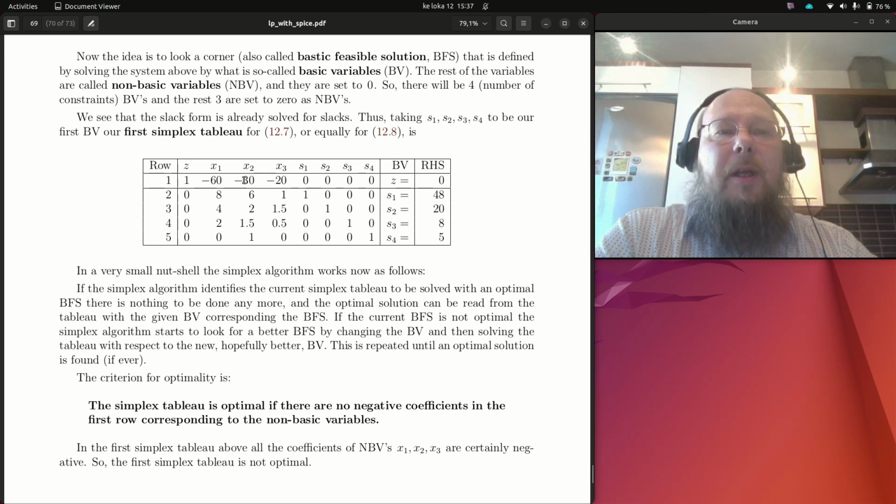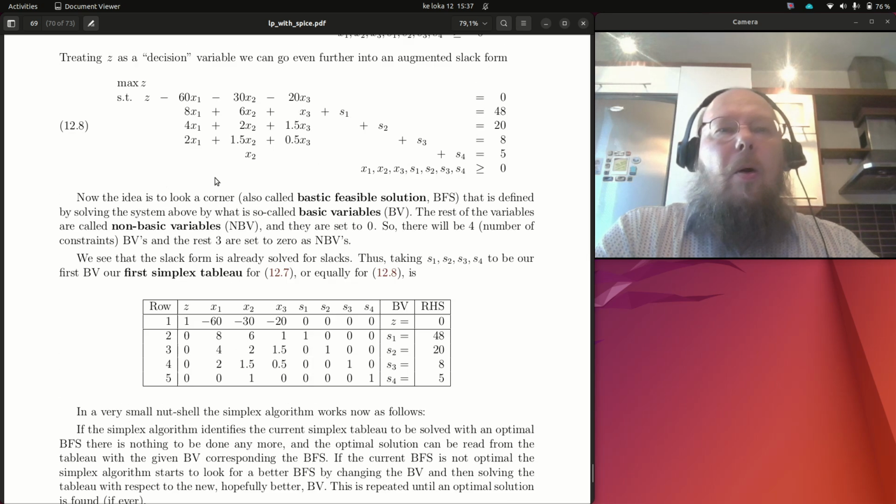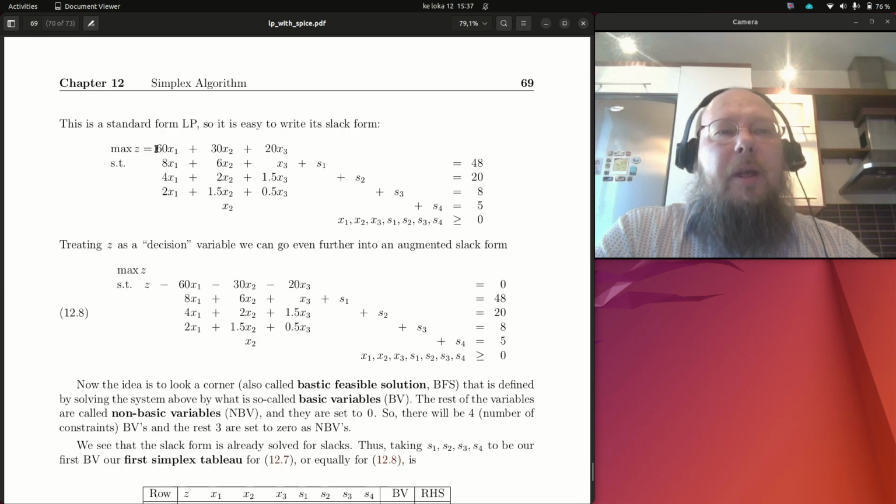This gives 30 increase per unit here. And this gives 60. So intuitively it's clear that x1 should enter, because that has the smallest coefficient here. Or you can look at the original table here. The x1 has 60 associated with it. So each unit you get 60 in the maximum. Here you get 30, here you get 20. So obviously it makes sense to have this x1 as a basic variable.